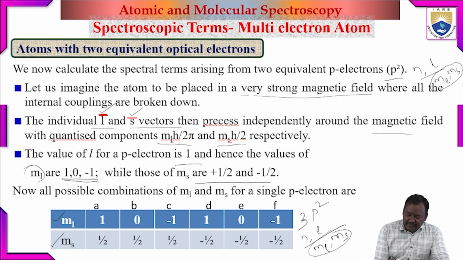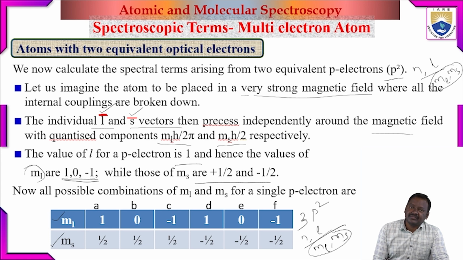For example, if one particular electron has ml value 1 and ms value 1 by 2, the second electron cannot have the same values of ml and ms, 1 and 1 by 2. It should have another combination among these.